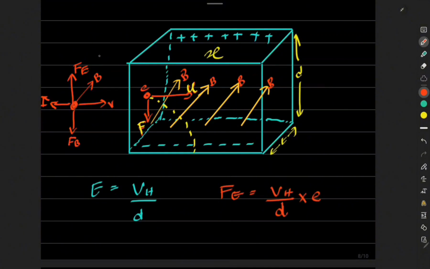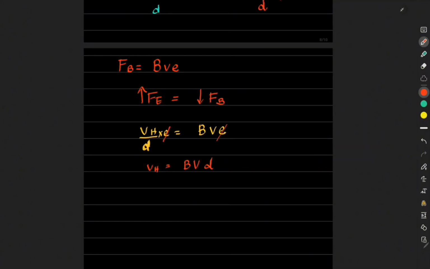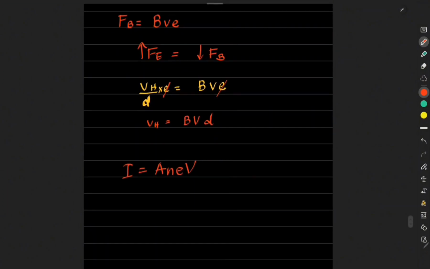And this is the magnetic field. This is the x coordinate, this is the y coordinate, and this is the z coordinate. In electricity, we have learned that I equals area into number of electrons into electron charge into v, I equals A n e v.